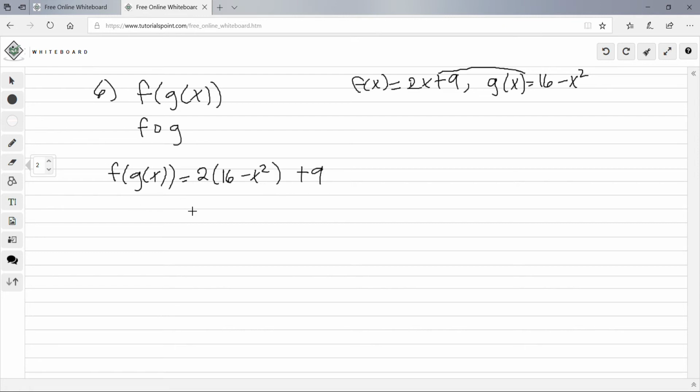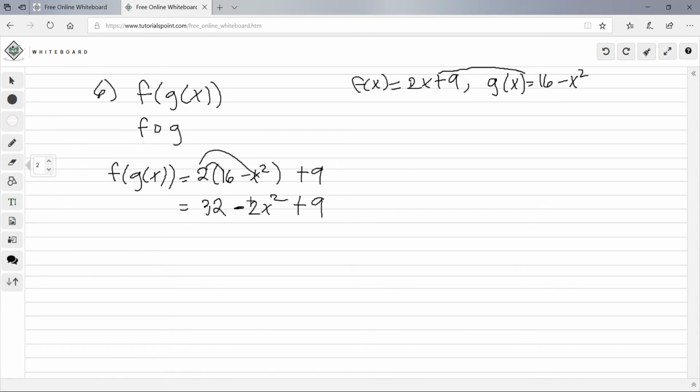Okay, now let's distribute and combine like terms. 2 times 16 is 32. And 2 times negative x squared is negative 2x squared, plus 9. Let's combine like terms.